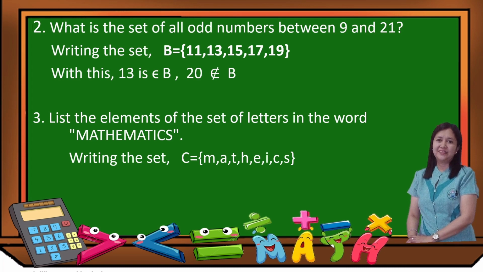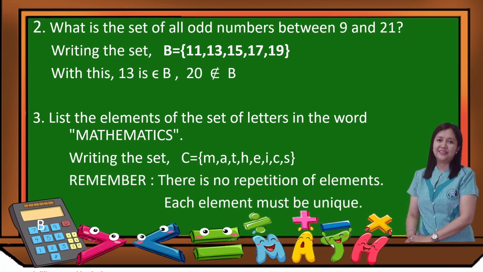How about letter A? It is also written twice. What else? Okay, letter M. So remember class that there is no repetition of elements because each element must be unique. So you have to remember that, okay?